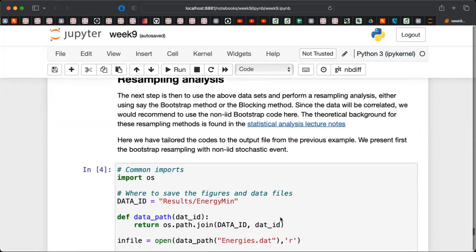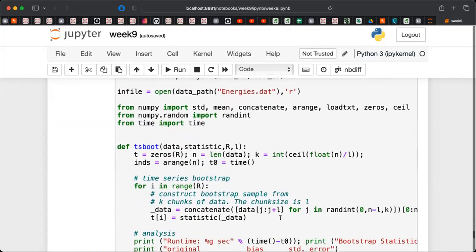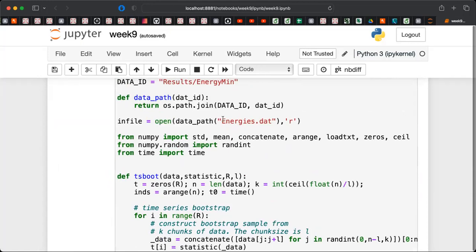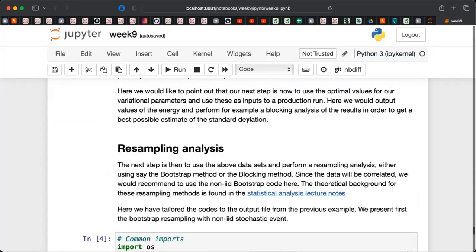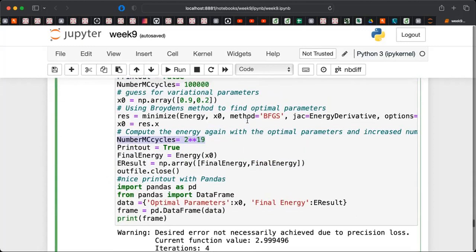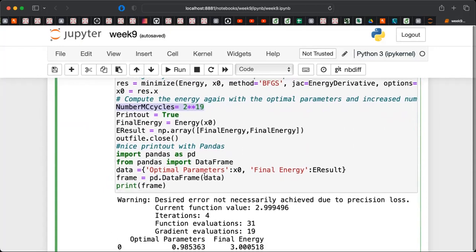Then the way we proceed now is simply to take this data. So this is the file which I called energies data, which I now simply write out here. I just write out the energies. In my case, I've set up an array with the final results here and just simply print it out. And this is what is done here.